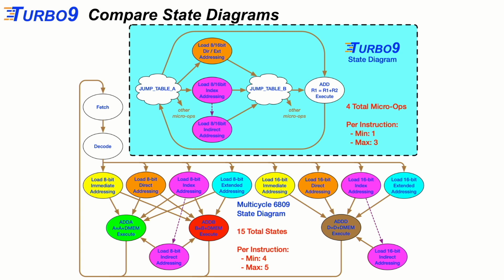So it's going to come through here. This is not a stage, just a combinatorial decision, right? It's going to figure out what the next instruction is going to be.